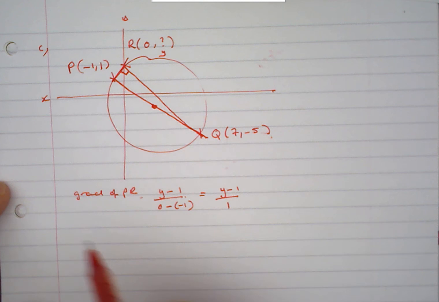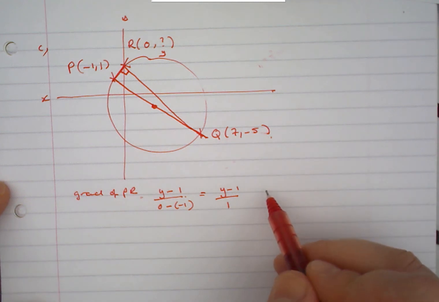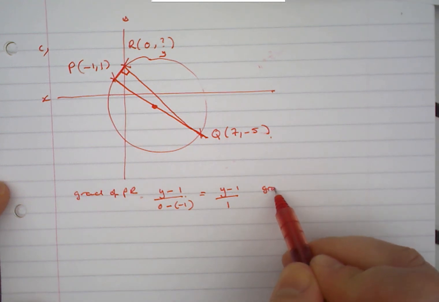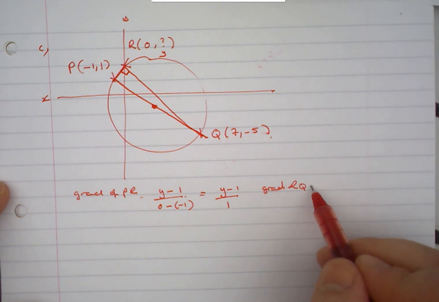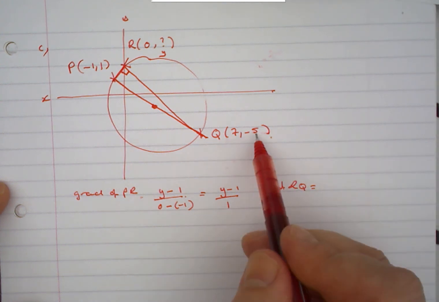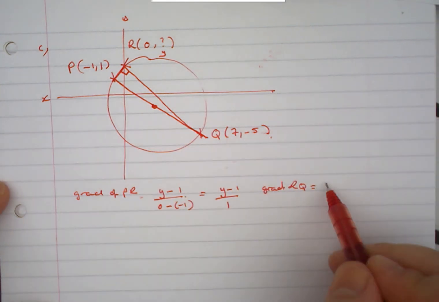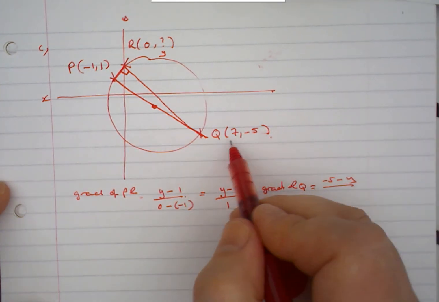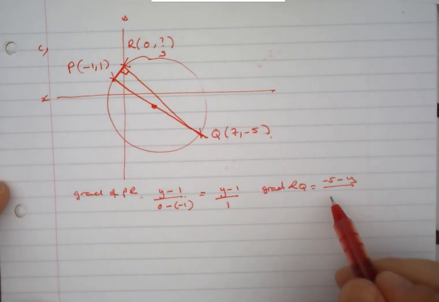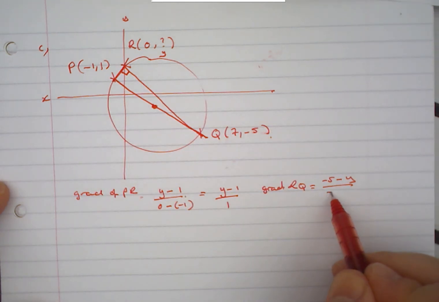The gradient of the other one, the gradient of RQ, is going to equal y2 minus y1, so minus 5 minus y, over x2 minus x1, so that's 7 take away 0.